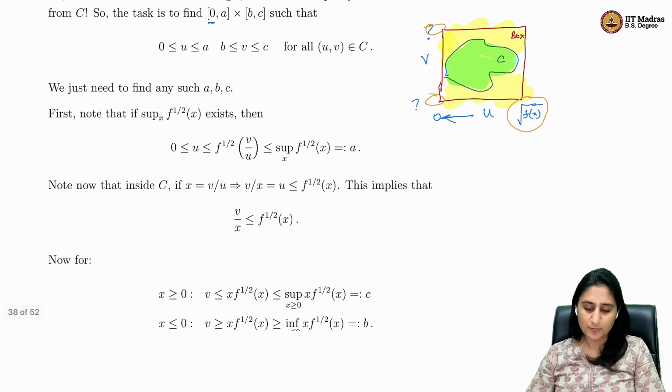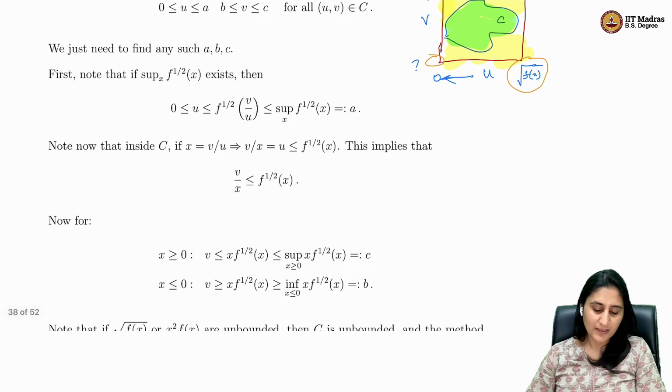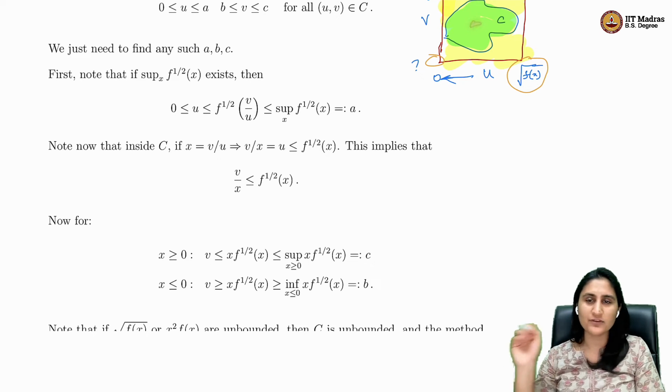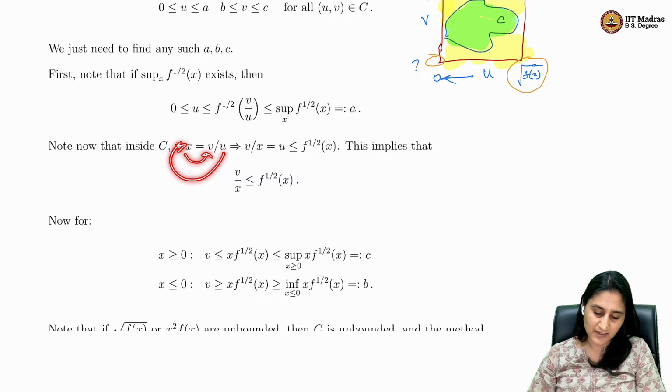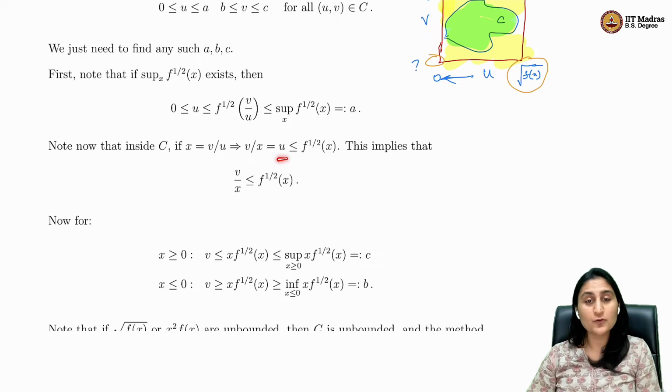In order to find B and C, I note that for any point inside the set, x has to be equal to v by u. This implies that, if I bring this onto this side, v by x is equal to u. Now u is upper bounded by square root f of x, so I get v by x is upper bounded by square root f of x.